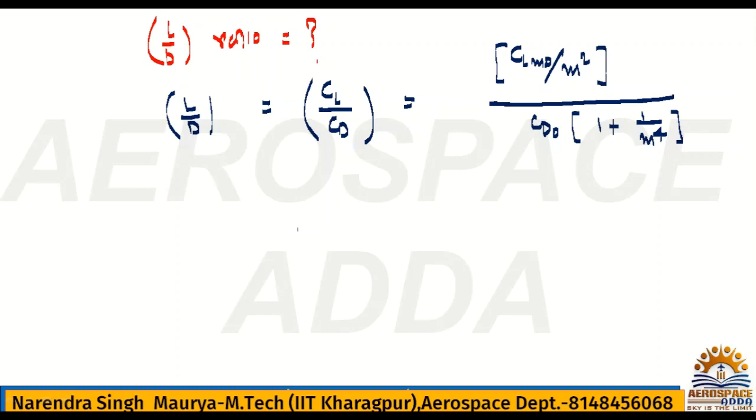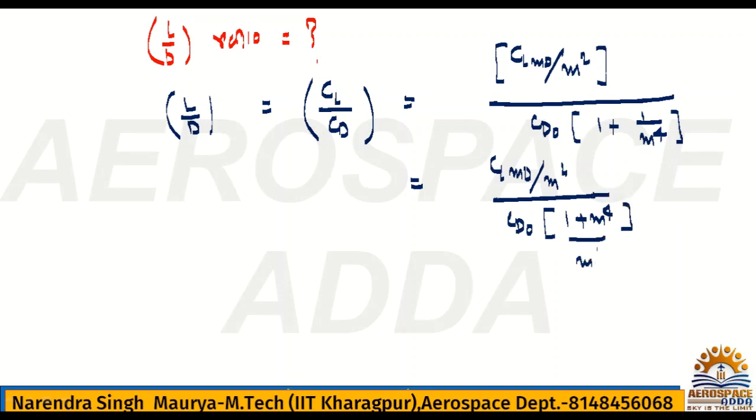Alright. Now this one also you can write CL MD by m square, and here you can write CD naught, 1 plus m to power 4, divided by m to power 4.